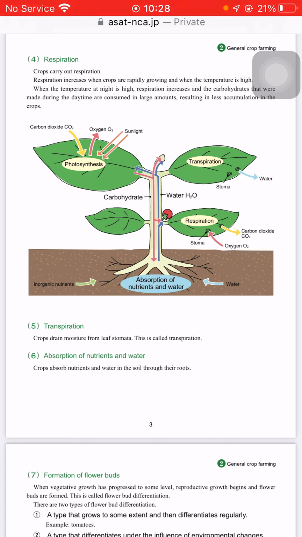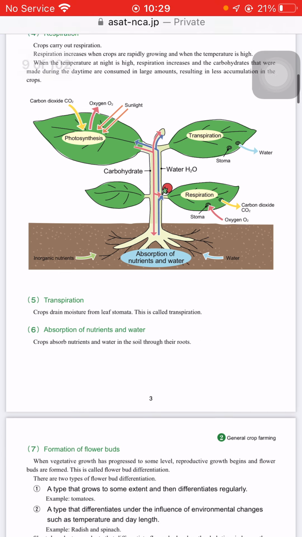This is called transpiration. Crops absorb nutrients and water in the soil through their roots.